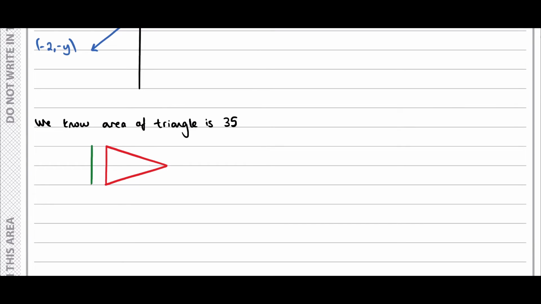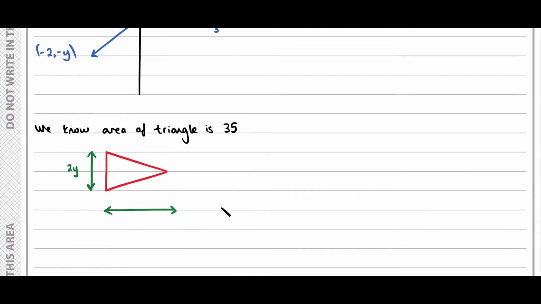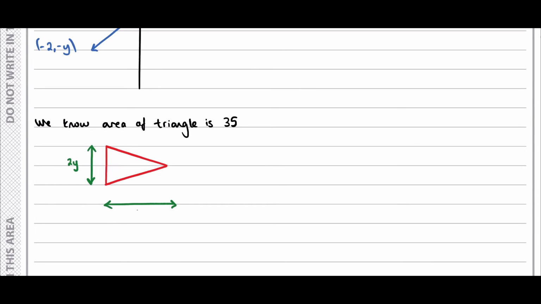We have 2y over here, and the height of the triangle is, well, we're going from minus 2 to 3, so the height is 5. So we know that the area of the triangle is 35. So we have a half times by the base 2y times by the height 5. This is equal to 35.